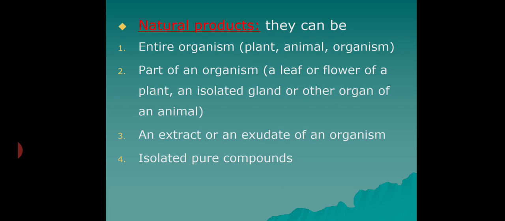From that extract you are targeting only the alkaloidal portion, and from that alkaloid I need only the indole group of alkaloid. In that indole group, from this plant, for example, reserpine, an antihypertensive drug from the root called Rauwolfia. So the Rauwolfia plant, and the root portion, is also called a natural product.